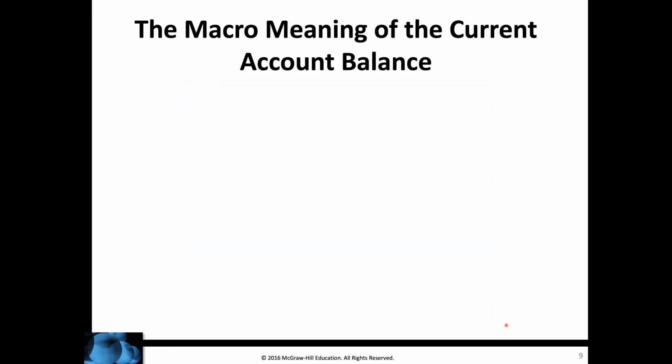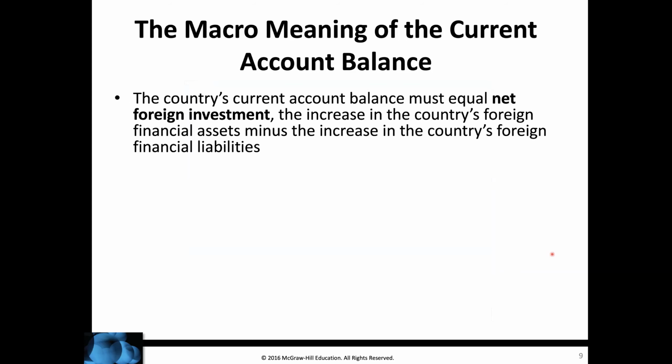So let's look at the broader picture, the macro meaning of the current account balance. So the country's current account balance must equal net foreign investment. The increase in the country's foreign financial assets minus the increase in the country's foreign financial liabilities. Okay, so country's current account balance must equal the net foreign investment. So that's both going in and coming out.